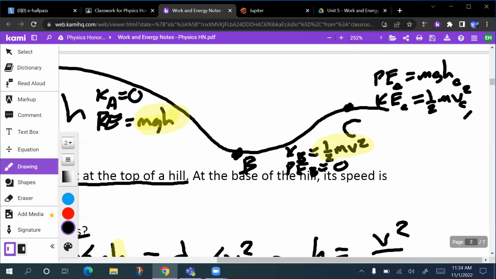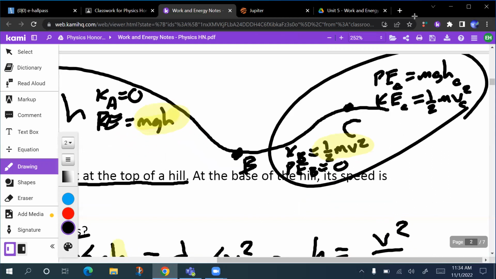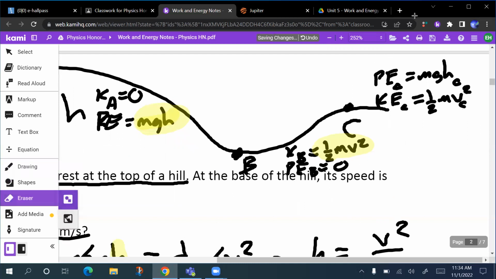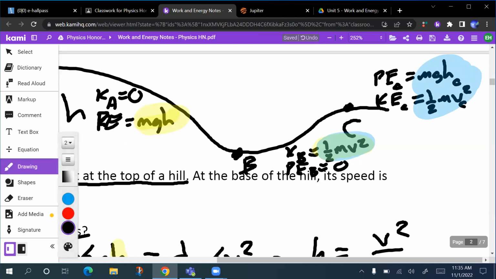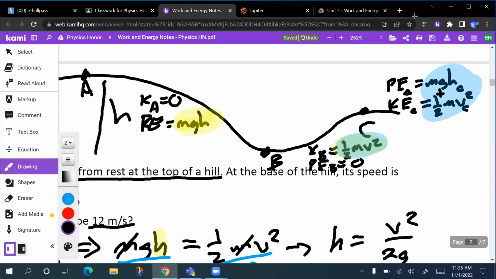So I could go between those two as one potential approach, where this is my initial energy, and that's equal to my total final energy, which is the sum of those two. That's one possible solution.